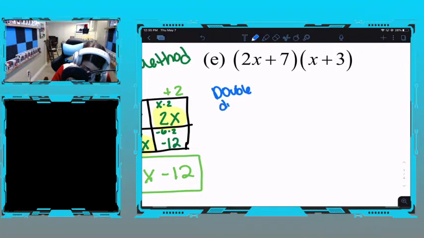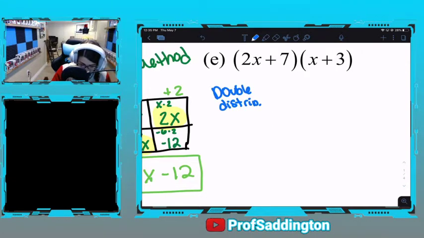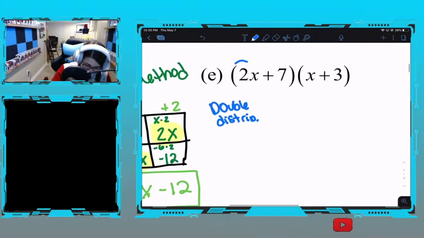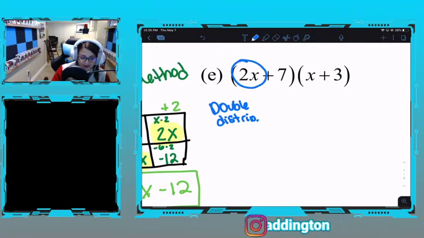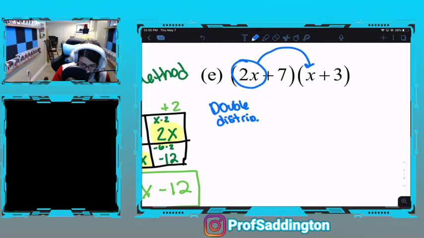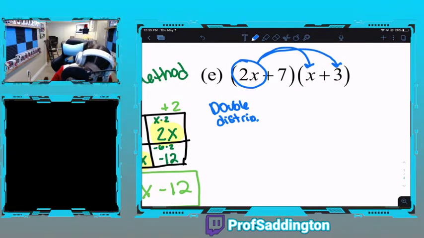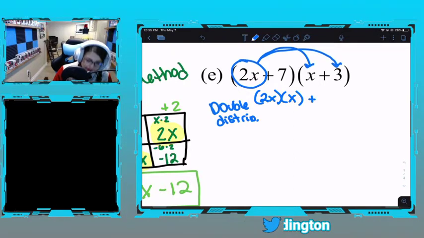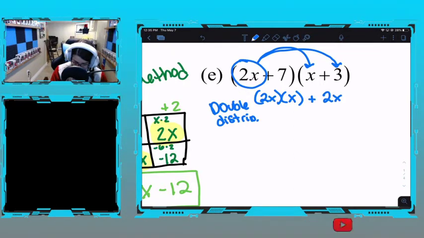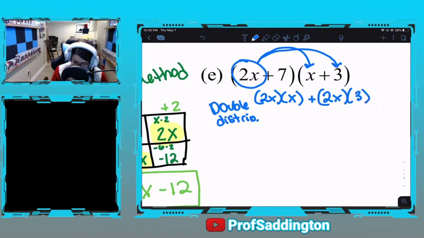So double distribute. Okay, so I take the first term and I distribute it to the other quantity. So we have 2x times x plus 2x times 3.